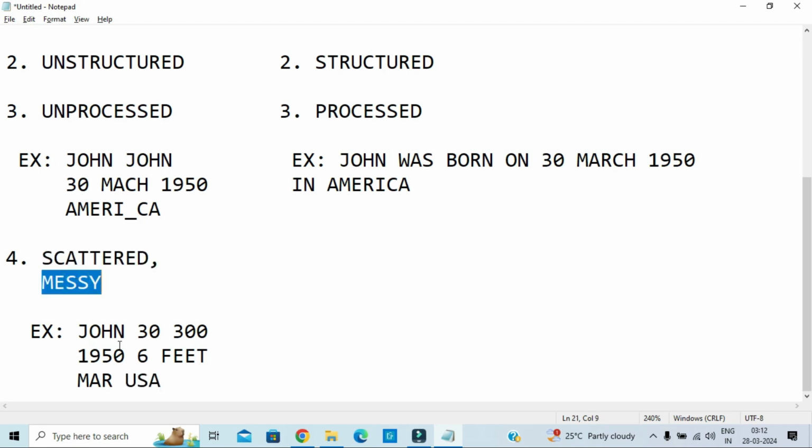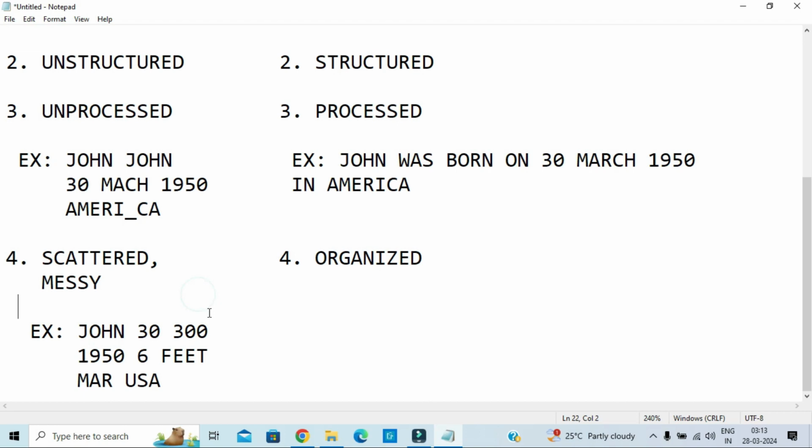Why is it scattered? Scattered means present in different places, with words in different kinds of places. It has to be in this format actually. If you look at this information, it is completely well organized, organized in a meaningful manner.